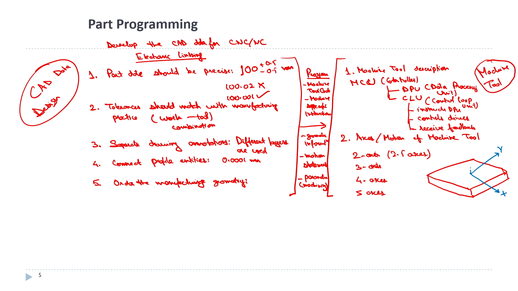We have 2 axis machines, where either the bed of the machine or the tool moves in a single plane. It can move in the x direction, it can move in the y direction. It can control both the drives together to have a diagonal movement as well, but it moves in 2 directions only, x and y.